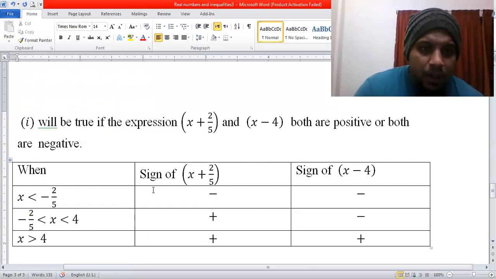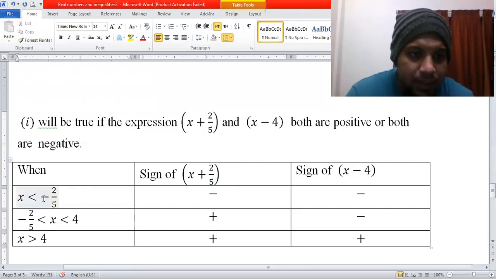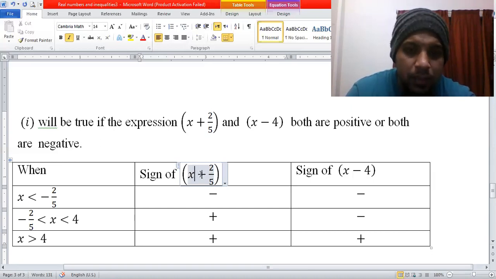Okay, we are considering if x is less than minus 2 by 5. If x is less than minus 2 by 5, then both will be negative. Say for example, x is less than minus 2 by 5. We can consider it is minus 3 by 5. Then minus 3 by 5 plus 2 by 5, you will get a negative output.